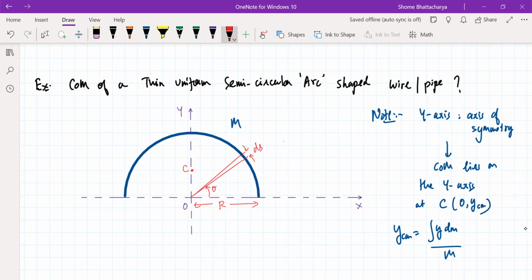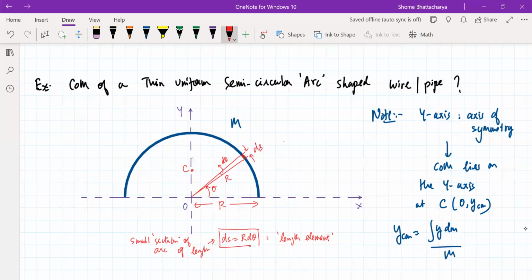So this small arc here will be subtending a small angle d theta. Therefore we can say that ds equals r d theta is a differential length element, which is a small section of the arc.